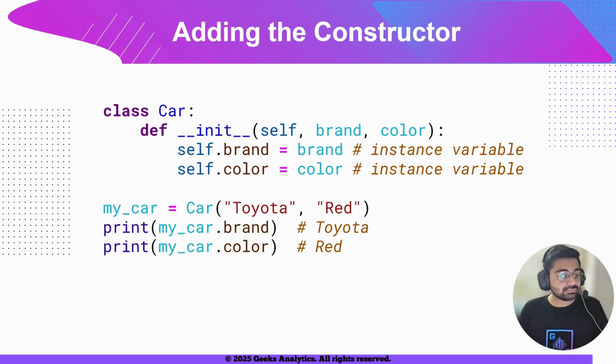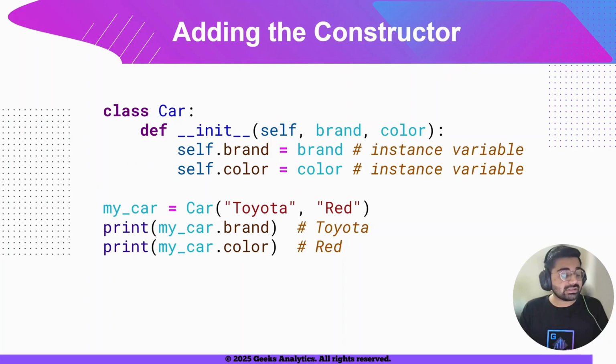This init constructor method automatically runs whenever we create an object. If you closely observe, the first parameter is the self parameter. This self refers to the current object that is being created.